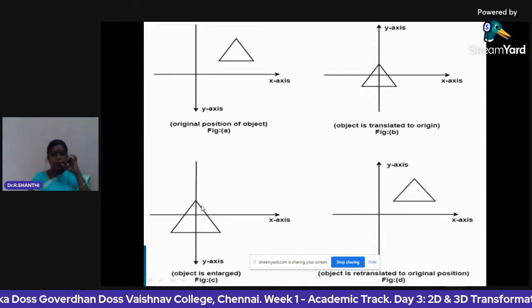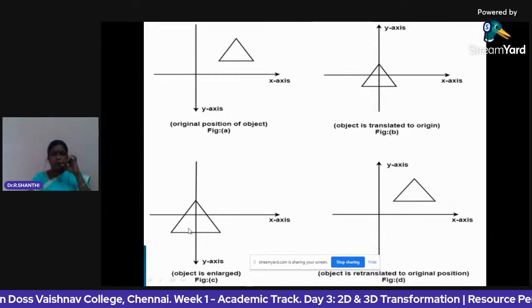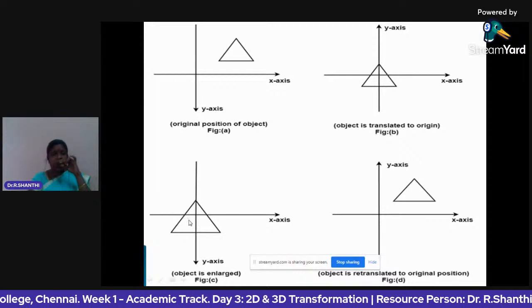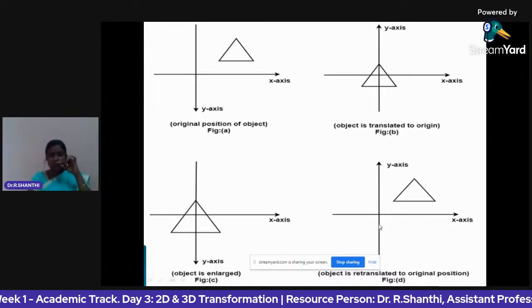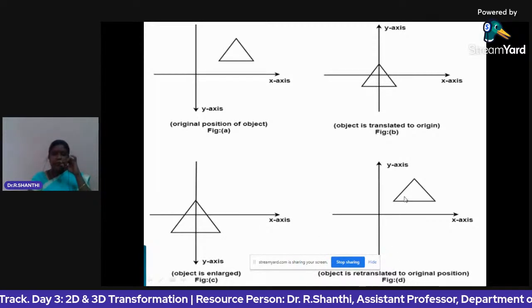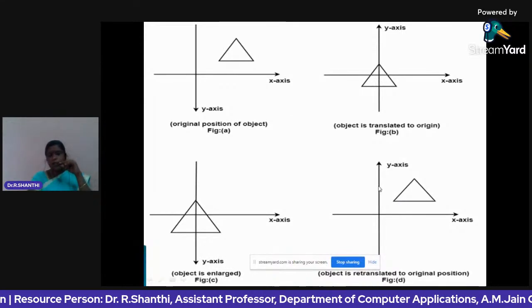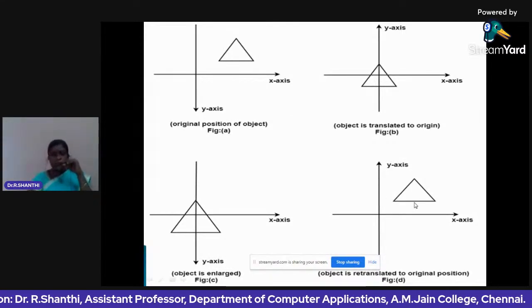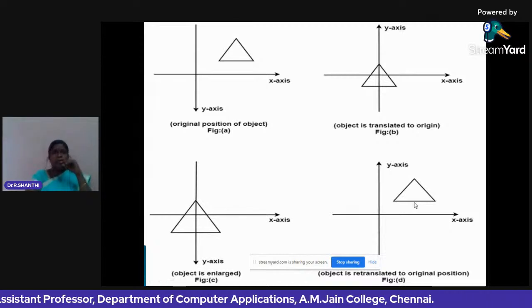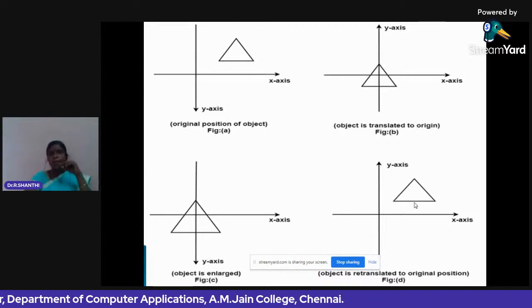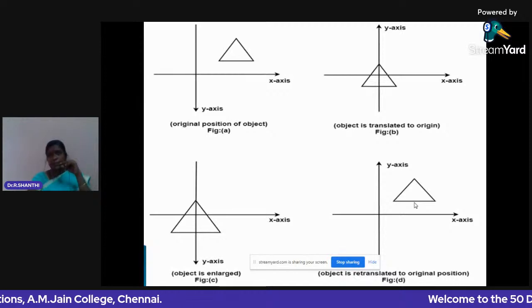After that, you are enlarging the size of the image, which is scaling. After that, you are re-translating to the same position from where we started. So where you started, you ended with the same thing. That is what I said in the previous slide. In some cases it seems to look like only one translation, but here you have performed 3 steps of transformation. This is an example of composite.